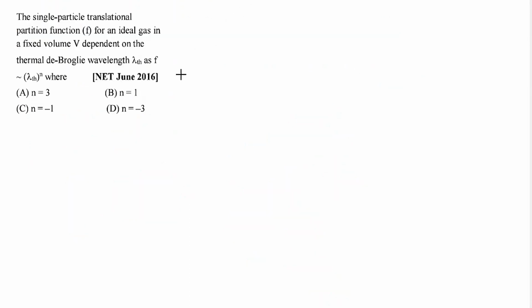Moving on to the next numerical. Now this says that a single particle translation partition function for an ideal gas at a fixed volume depends on the thermal de Broglie wavelength lambda as f equivalent to lambda raised to n, where n is equal to what. So we know that if f is the partition function, then for the translation partition function we write it as V by lambda cube, and it is said that the volume is fixed.